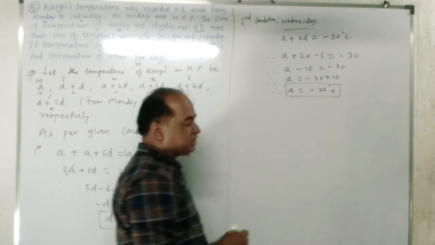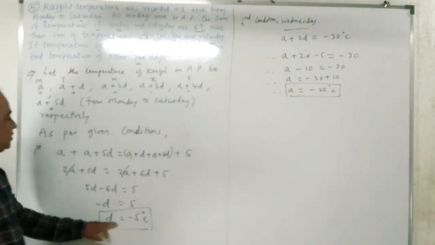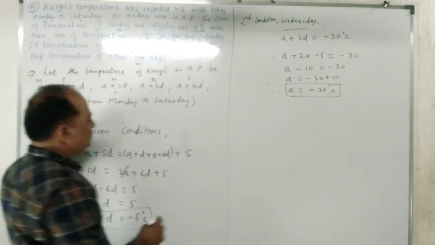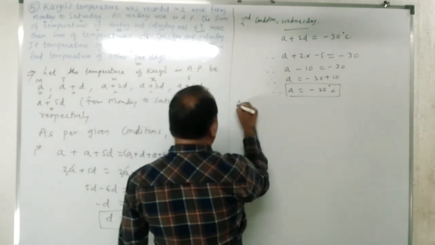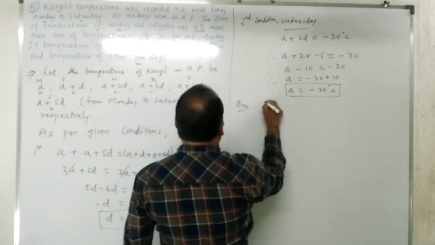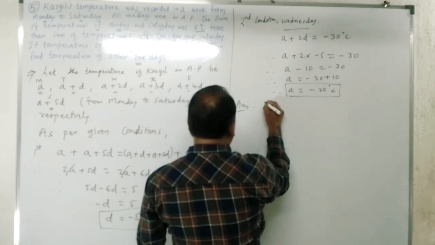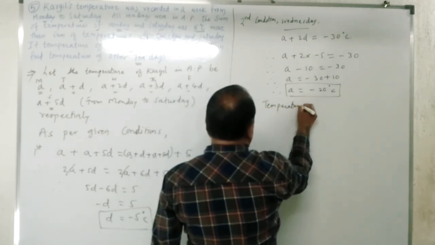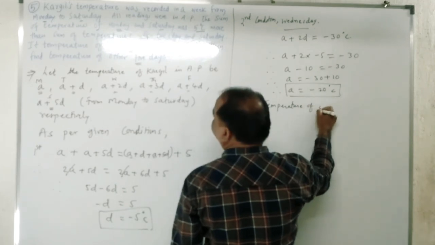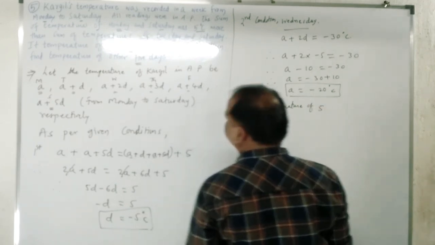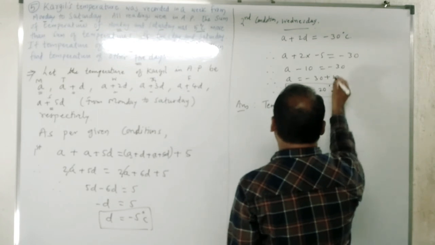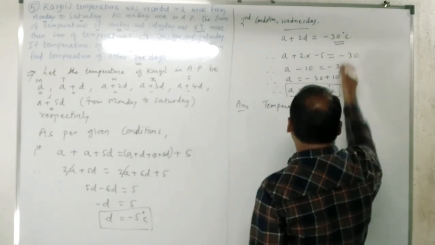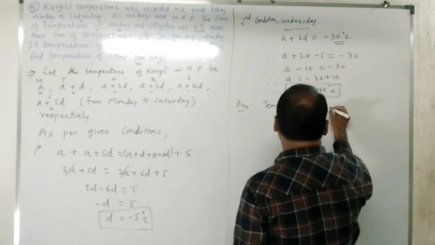So, A is minus 20, D is minus 5. So, we can write therefore the temperature of the remaining 5 days in Kargil, other than Wednesday whose temperature is minus 30.